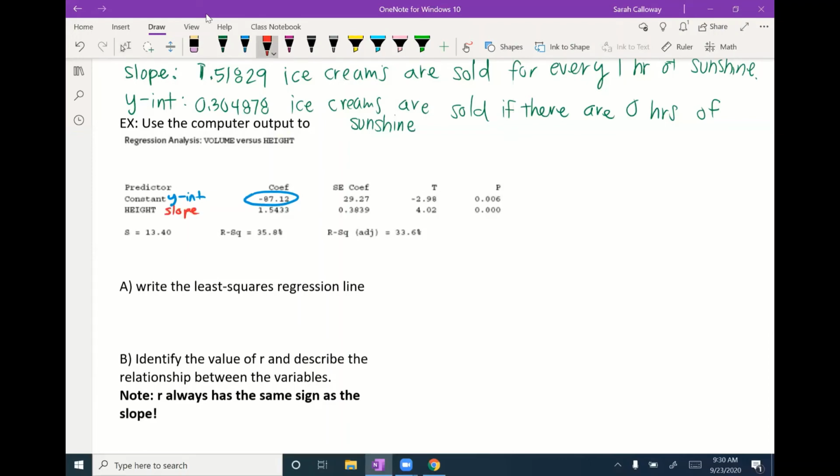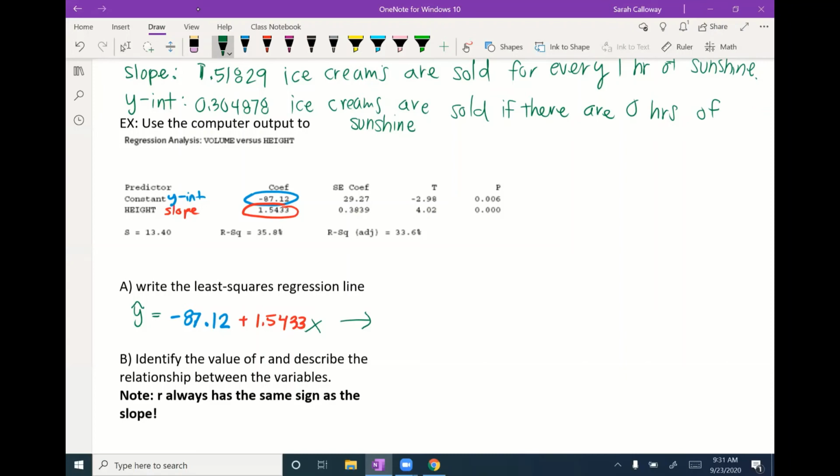So if I'm writing a least squares regression line, that means that y hat is equal to my constant, negative 87.12, plus my slope, 1.5433 times x. Okay, so my least squares regression line then is y hat equals negative 87.12 plus 1.5433x.